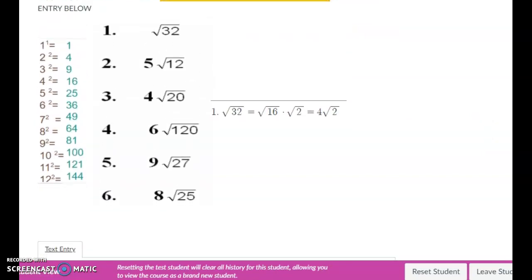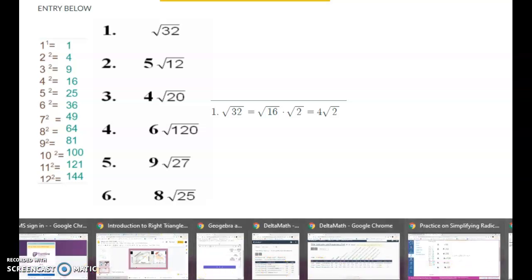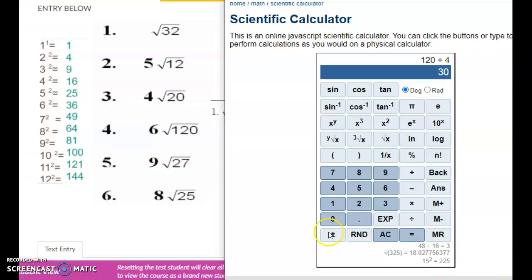Okay, so in the student view, you just go and submit your assignment, and then we're going to go down. Well, let's just take a look at number 1. Number 1 is done for you. Remember, we go ahead and write our problem, the square root of 32, and then we look through to see which one of these perfect squares will divide evenly into 32?